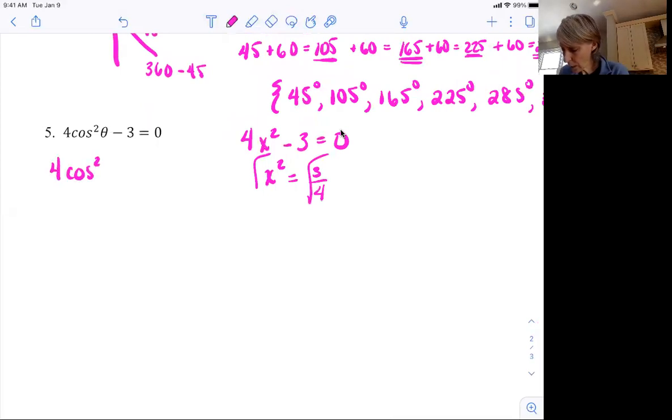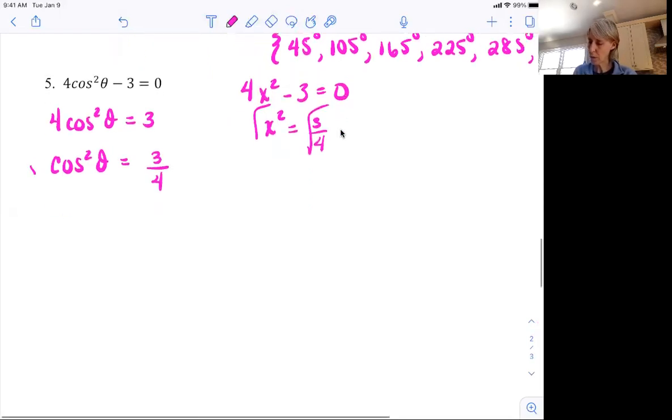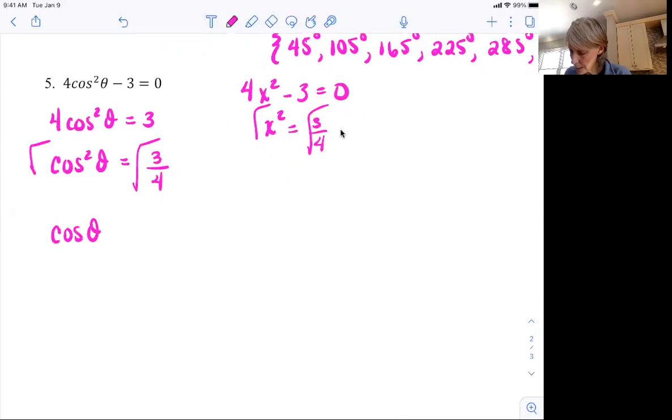4 cosine squared theta equals 3. Cosine squared theta equals 3 divided by 4. Take the square root of both sides. So the cosine of theta equals, remember when I take the square root when I'm solving an equation, plus or minus the square root of 3 over 4.